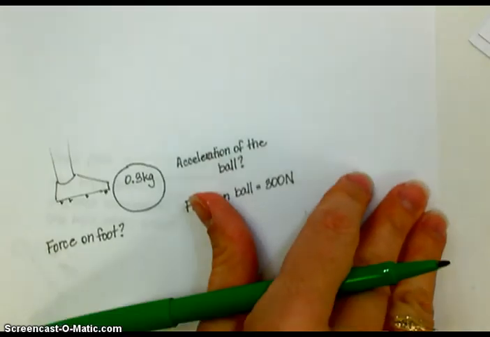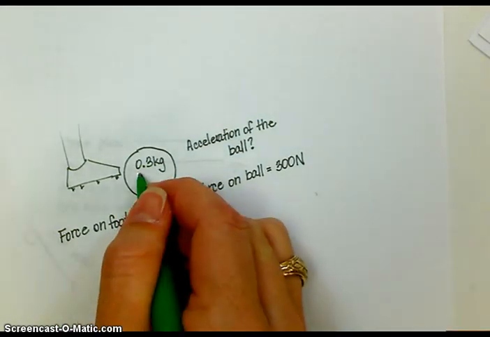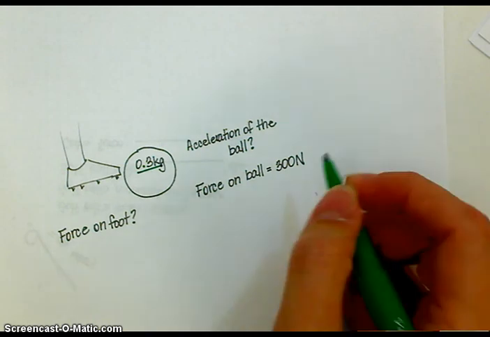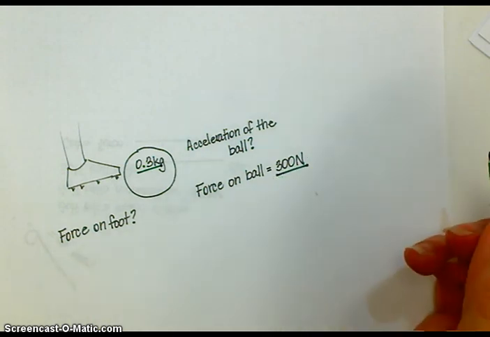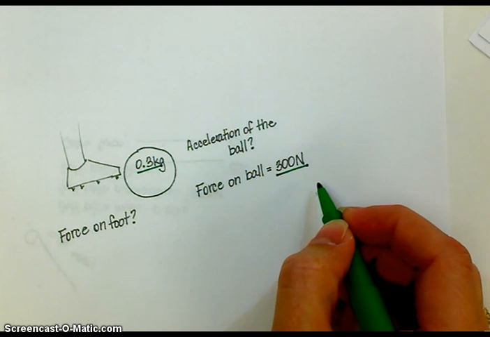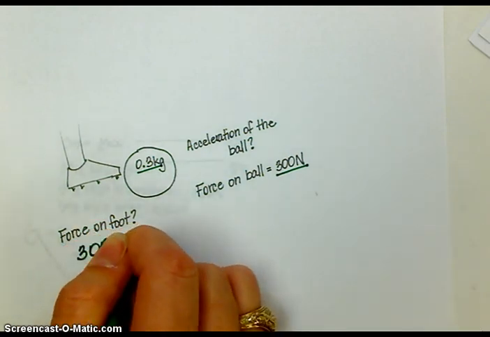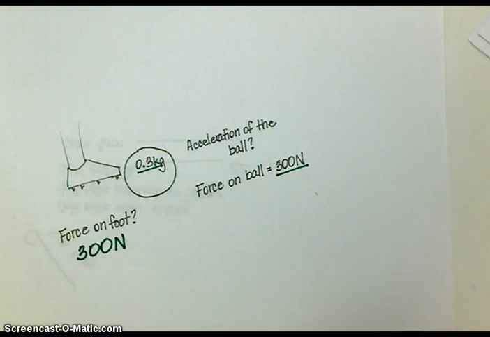Okay, last one. We have somebody kicking a soccer ball. The soccer ball is 0.3 kilograms. And this time, the force on the ball is 300 newtons. Okay, if the force on the ball is 300 newtons, then the force on the foot is also 300 newtons, okay?